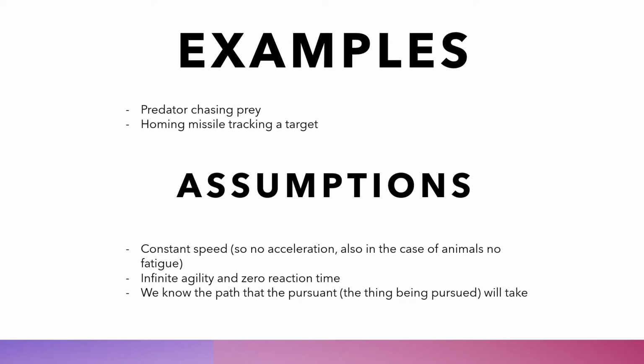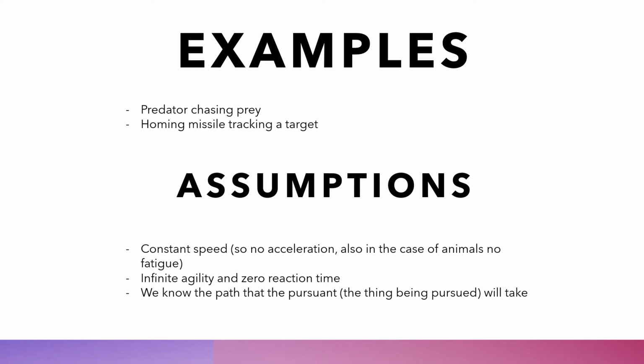If you imagine a plane headed in this direction, and your missile over here, the missile's going to head toward the plane, but then the plane's going to move, so it's this curved path that the missile is going to follow.